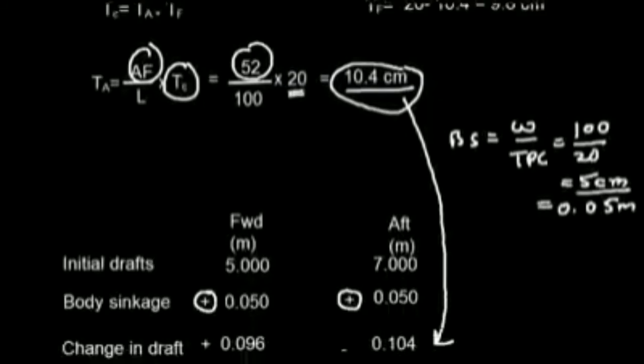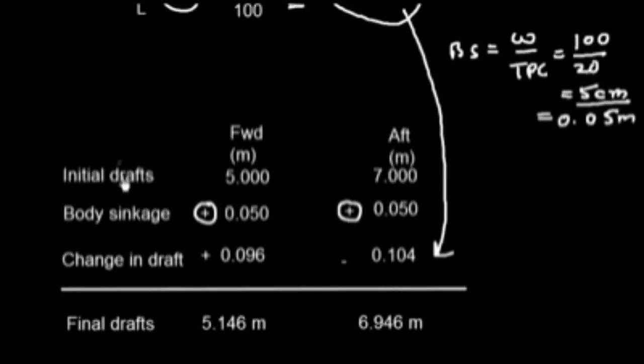So I use this sign: I have to add the change in the forward draft as positive, and the change in the aft draft has to be negative. So I get the final draft as 5.146, that is 5 plus this, and aft draft will be 7 plus this minus this. So this is my aft draft.